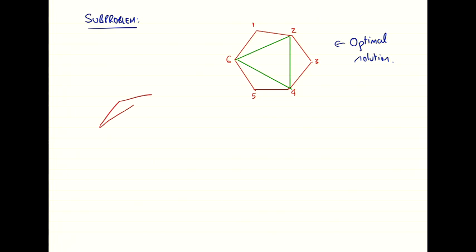So you have this polygon, 1, 2, 6, and 2, 3, 4, 5, 6. Okay, so you made the first cut.